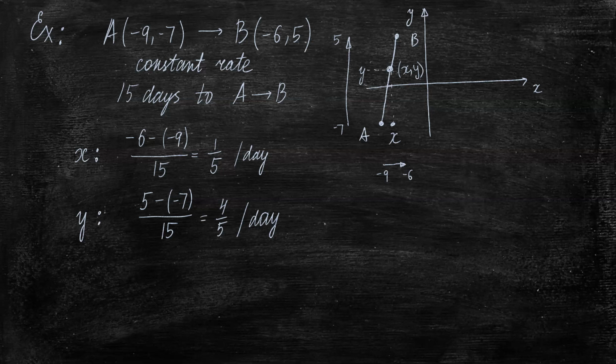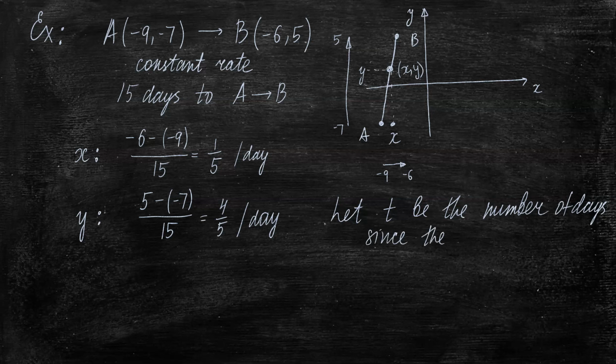So if you ask me where is the object t days after it started moving, we should be able to pinpoint it on this line segment. So if we let t be the number of days since the start, then where is x of t?